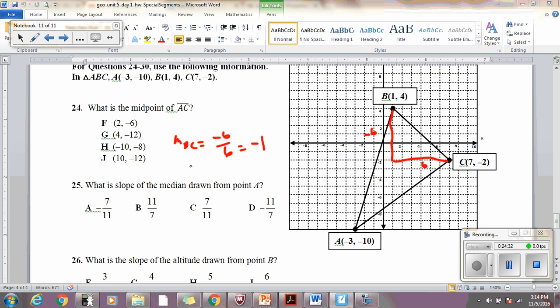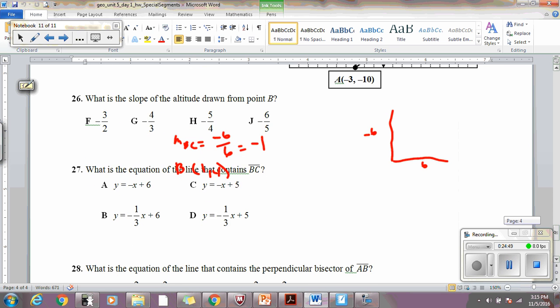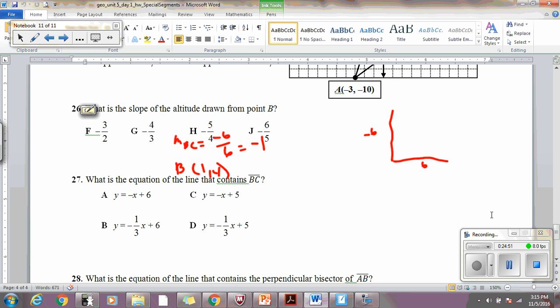And then I'm going to use B's points to find the y-intercept. Remember this information so I can scroll back down to the exact problem that I'm on, which is number 27.